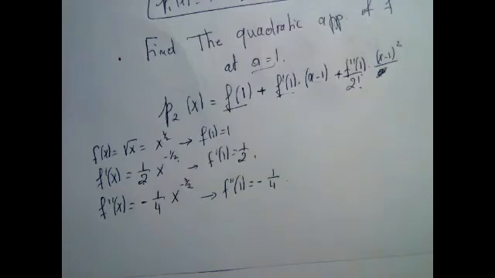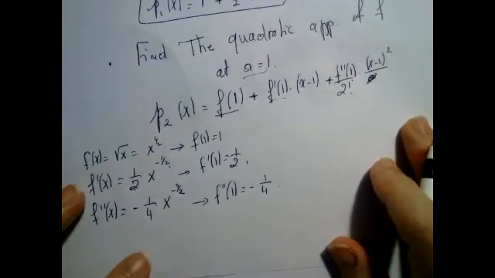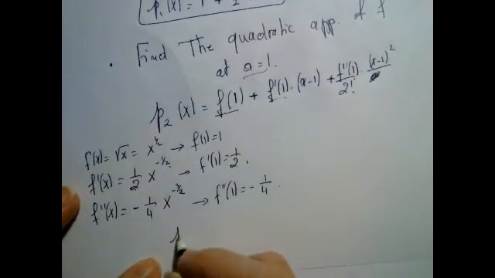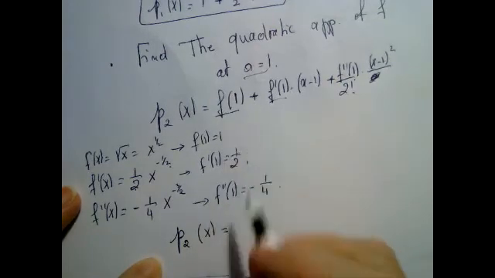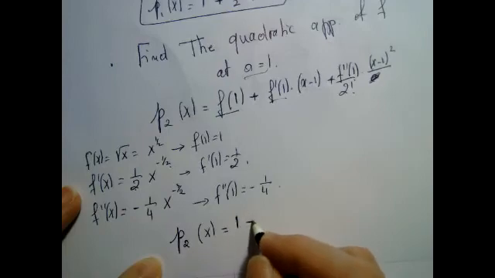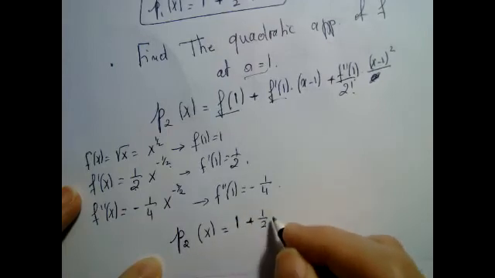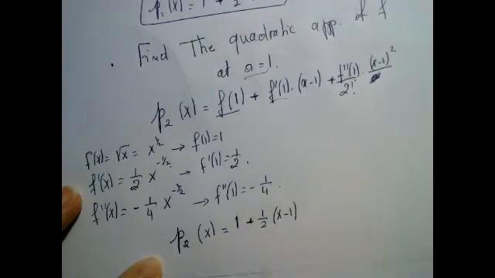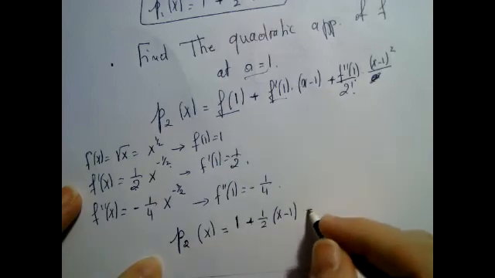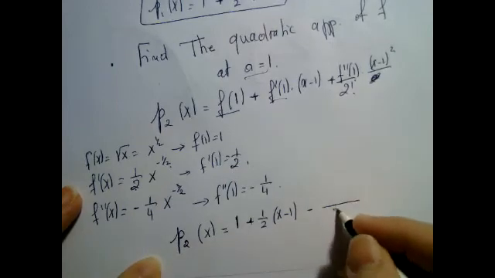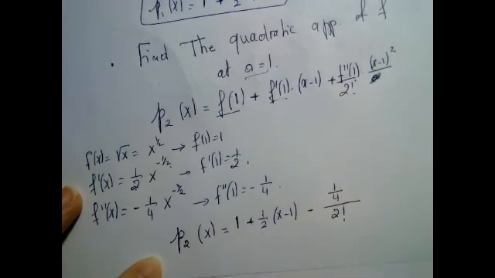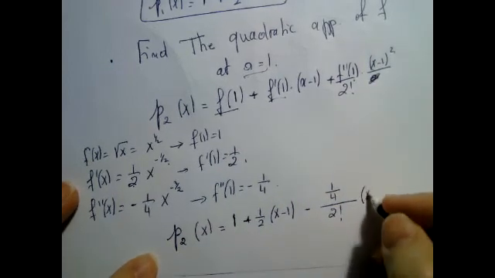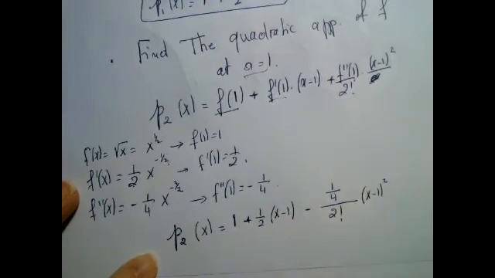So my second degree Taylor polynomial, or the quadratic, is the following polynomial. P2 of x equals f of 1, which is 1, plus a half times x minus 1, minus 1 over 4 divided by 2 factorial, times x minus 1 squared.